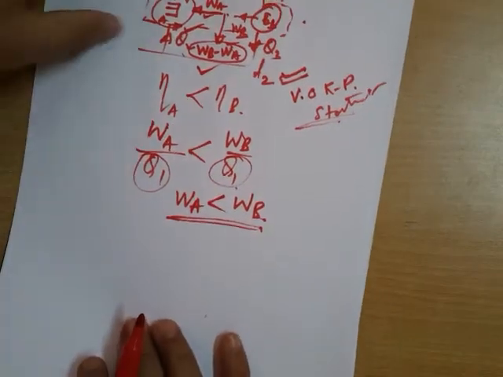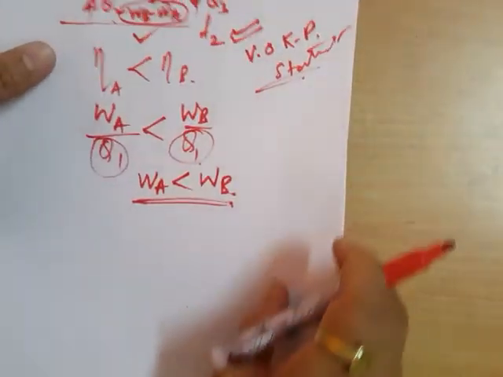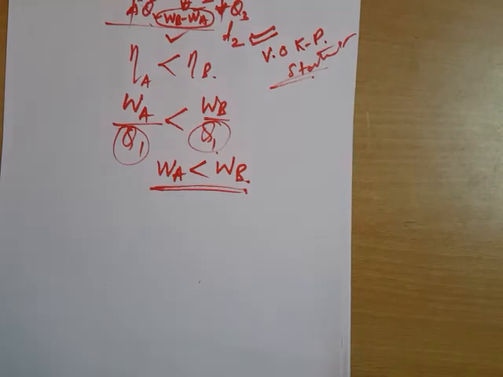Hence it is true that if you have many engines working between the same thermal energy reservoirs, then only the engine which is reversible will have the highest or maximum efficiency.